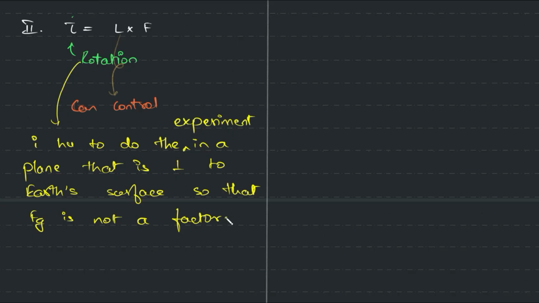So this is what I'm facing. How can I set up so that the experiment happens in a plane which is perpendicular to the surface? What can I do? Think about it. It's plain, right? Yeah, plain. Okay, yeah, guys, what can we do?